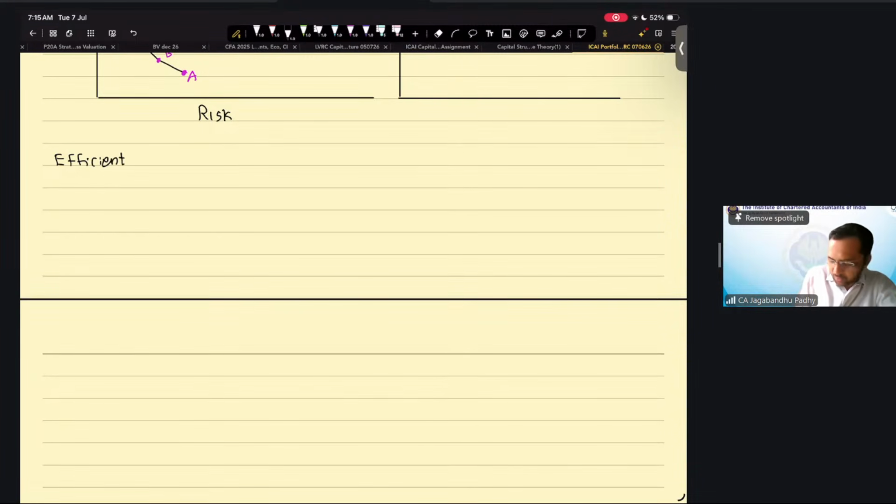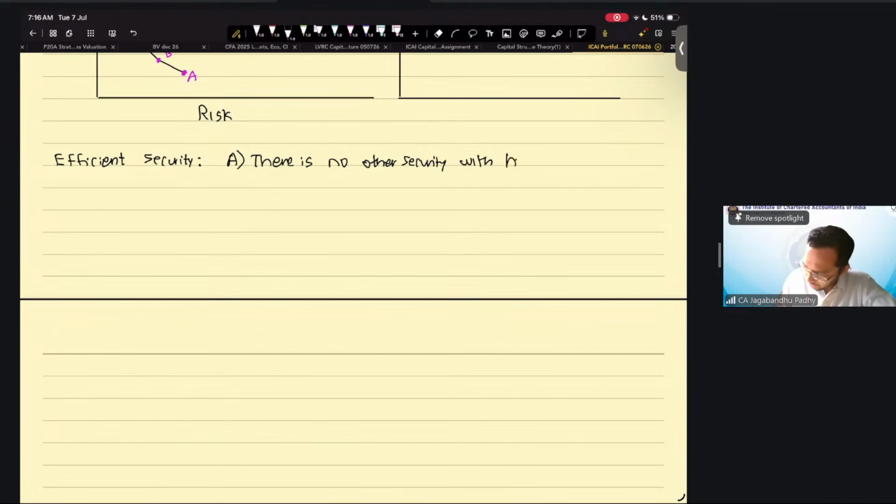Or when do we call a security efficient? First, there is no other security with higher return at lower risk.